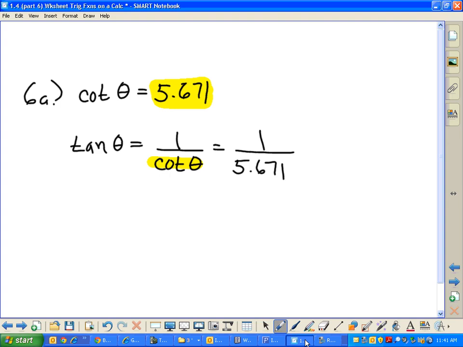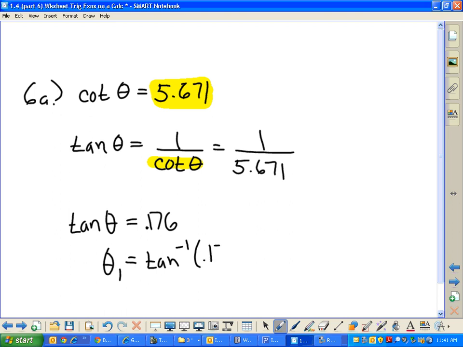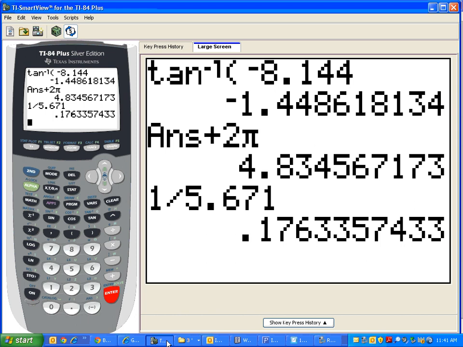So right now I know that the tangent of theta is 0.176. And I can go ahead and now, in radian mode, figure out what the first value of theta might be by doing the inverse tan of that number. So you could do inverse tan, so second tan of my answer.